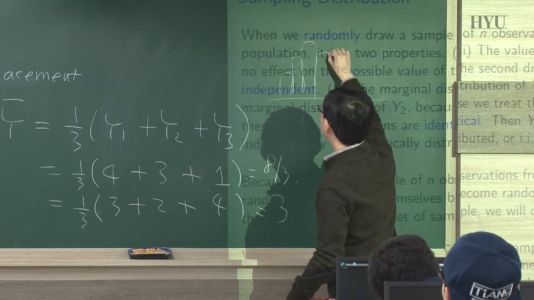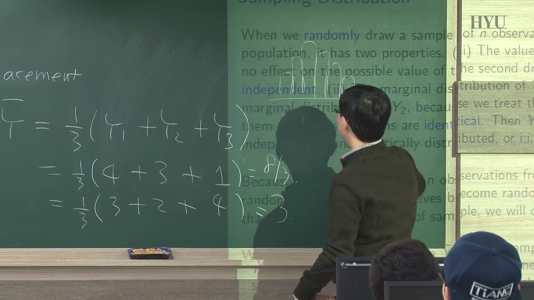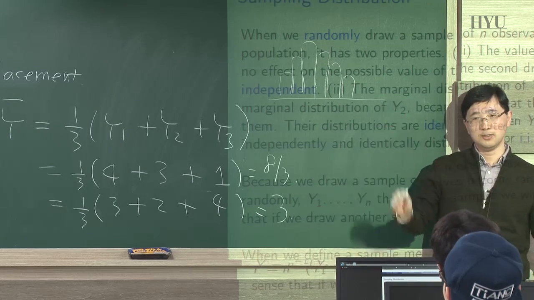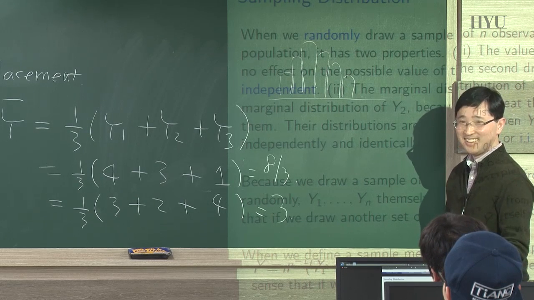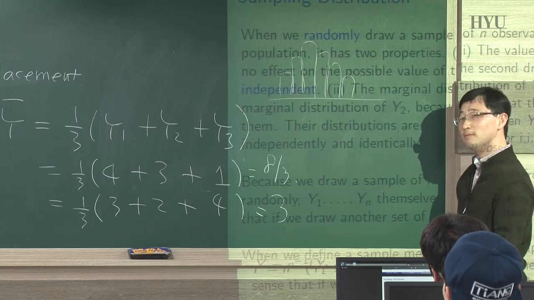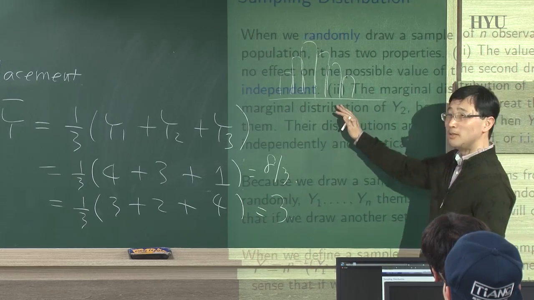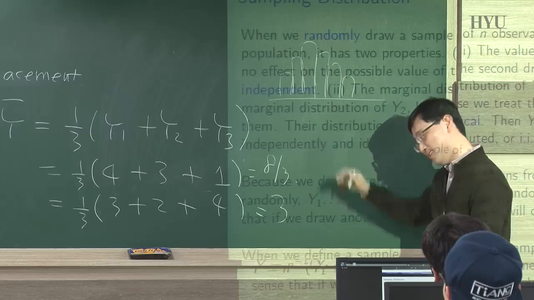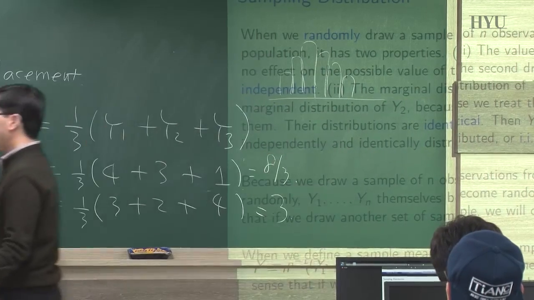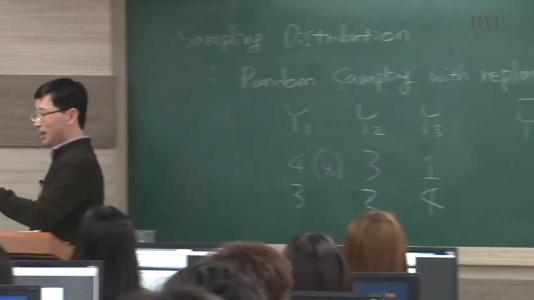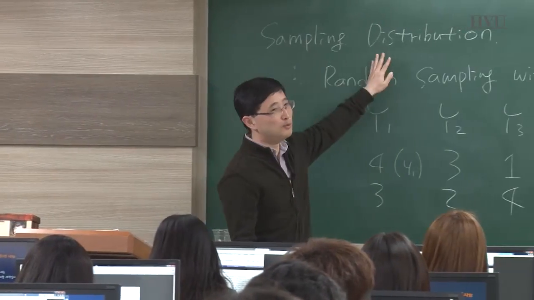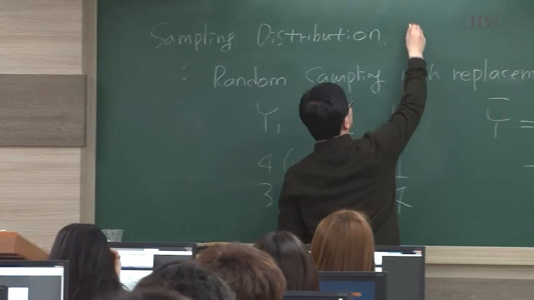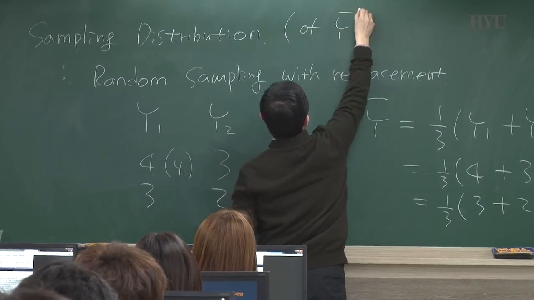So out of those 1,000 realizations, you can make what is it? What's the name of a plot like this? Histogram. So you just do this 1,000 times, then we can imagine that you can make even a histogram, right? So that's a sampling distribution, in this particular example, of the sample mean.